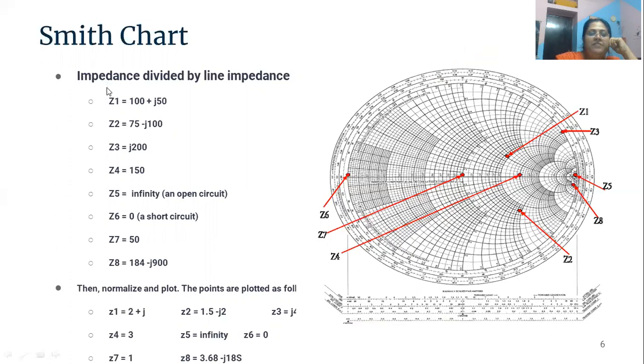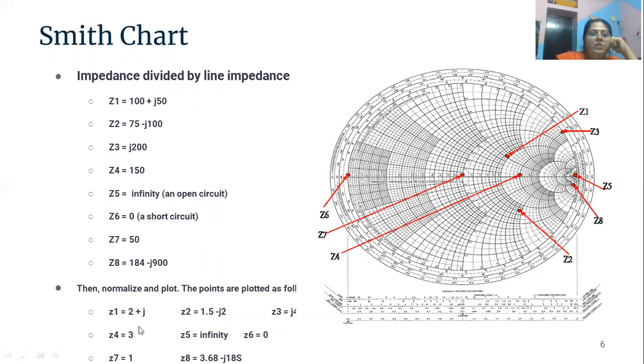For example, if we have Z1 equals 100 plus j50, and we take the characteristic impedance as 50, we have normalized this to 2 plus j. If we have 75 minus j100, we normalize it with the 50 ohm range by dividing, and it comes out like this.